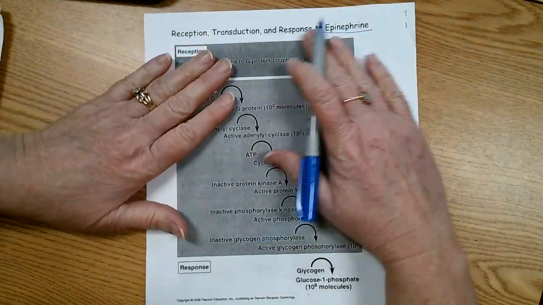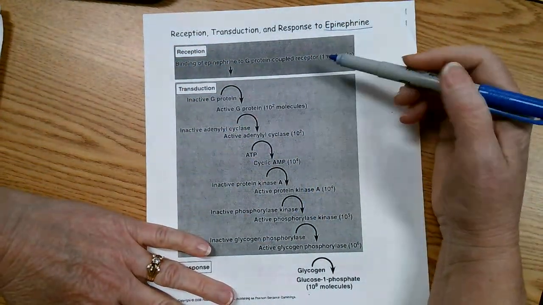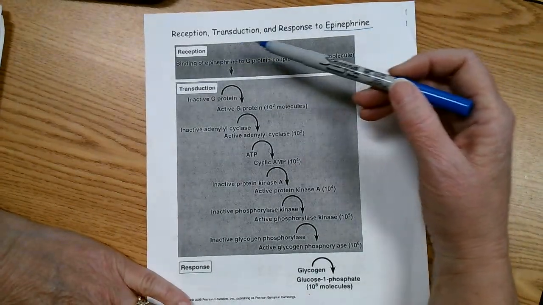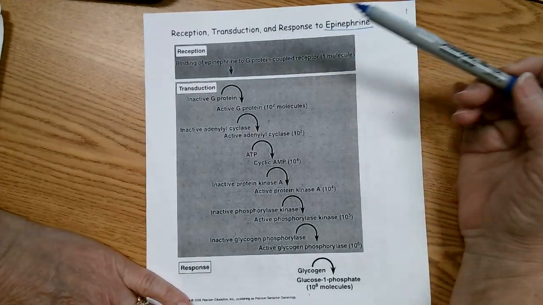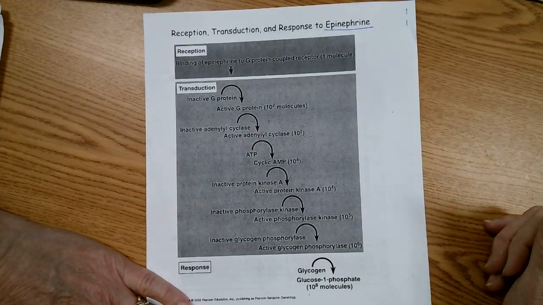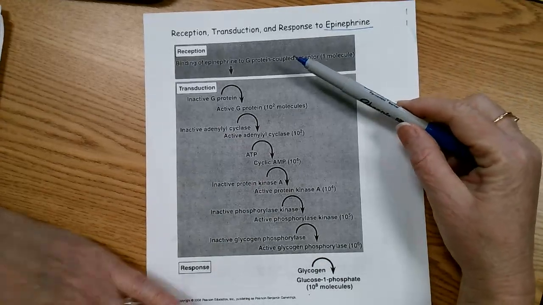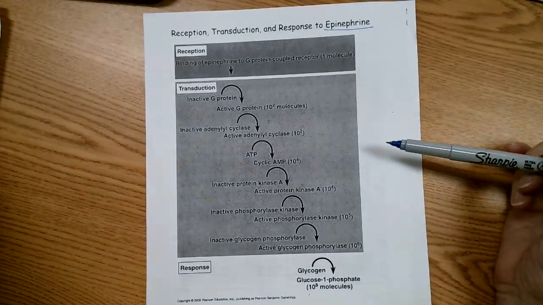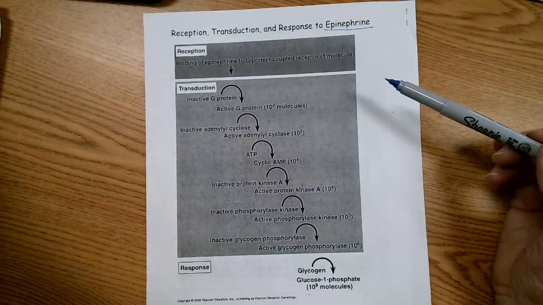So if I gave you this pathway, I might ask you what kind of reception is going on here. You would say it's a ligand binding to a G protein. I would say, is that located in the membrane or is it located intracellularly? Well, it's located in the membrane. Well, why didn't it go within the cell? Why could things go within the cell? Only if they're small and oily, okay?